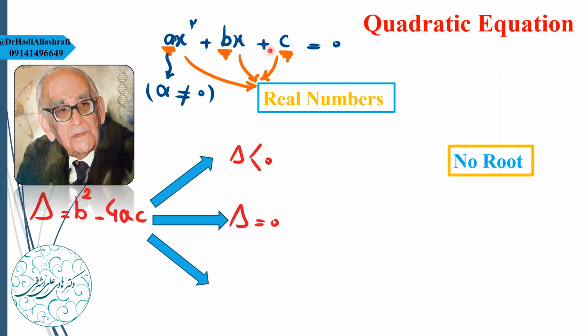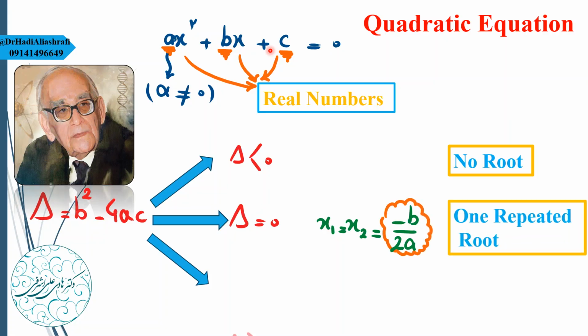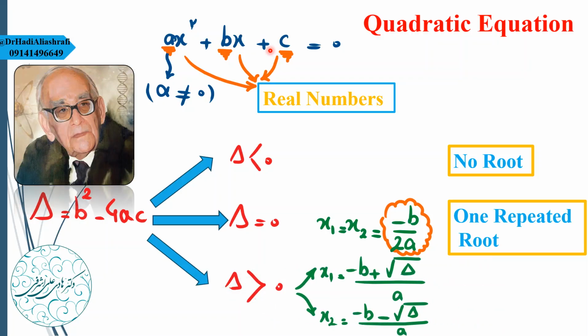The second one, if the discriminant is equal to 0, the equation has one repeated real solution with this formula. Okay? And the third and last type, if the discriminant is positive, the equation has 2 different real solutions. Okay?